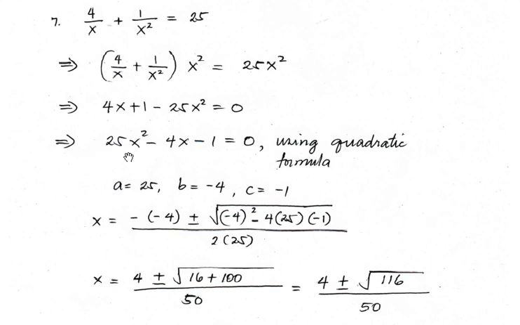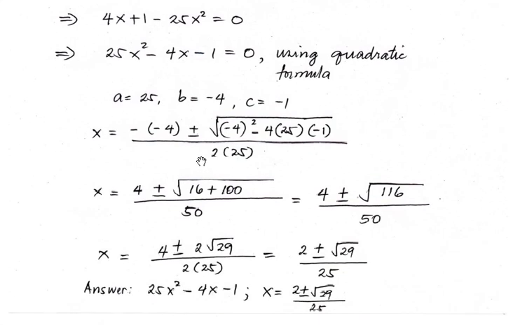The coefficient of x squared should be positive. So what I did here is to multiply both sides by -1 and rearrange the terms in standard form. We have 25x squared minus 4x minus 1 equals 0. And this quadratic form cannot be factored out. So we have to use the quadratic formula.